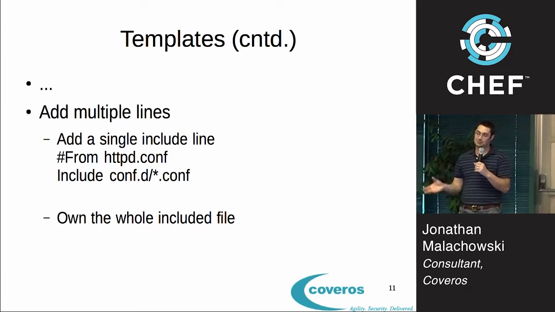So we can use single line regex matching to make sure we're including our file. Each cookbook can make sure its personal configuration file is being included, and then we can manage the whole file separately. There are lots of Linux services that support this, and I highly recommend using it for Chef cookbooks.